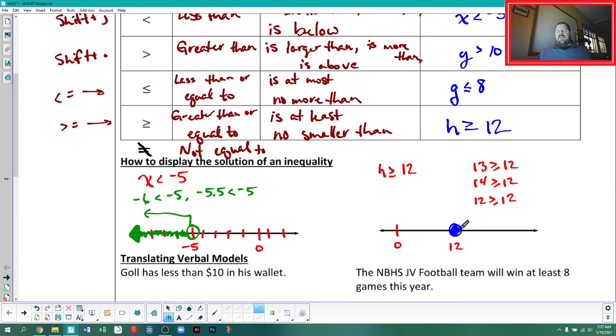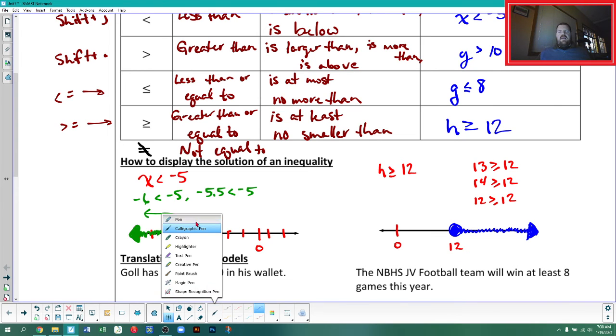And then we want all numbers that are bigger than 12. So those happen on this side. Shade that, fill in that line. Now, notice that it didn't show up very well, but when I was shading, I was shading it vertically.